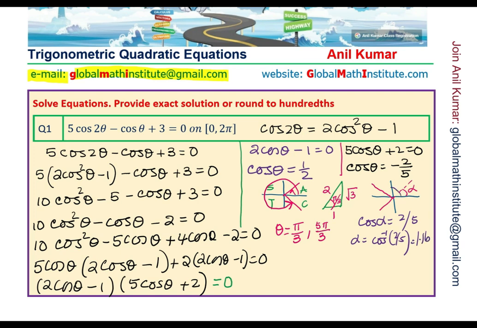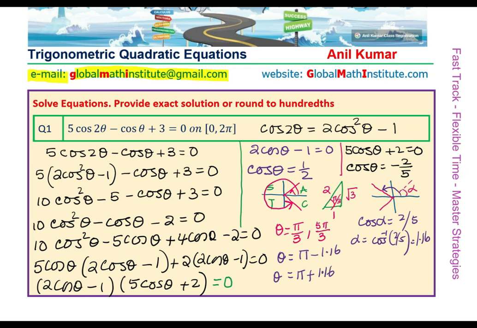So the two values will be what? We get theta equal to pi minus 1.16, and the other value of theta will be pi plus 1.16, correct? So let's find this out. I'll use a different ink here, a red one, to get these two answers.